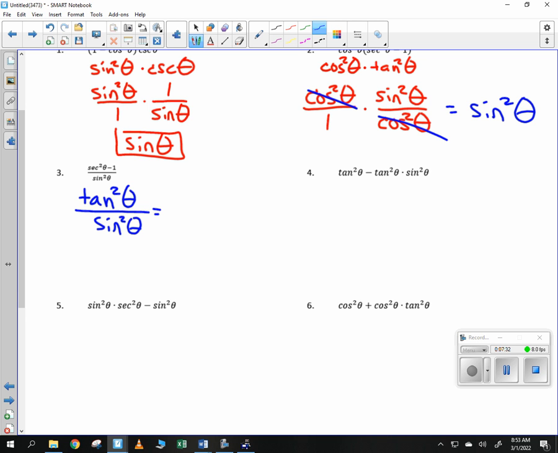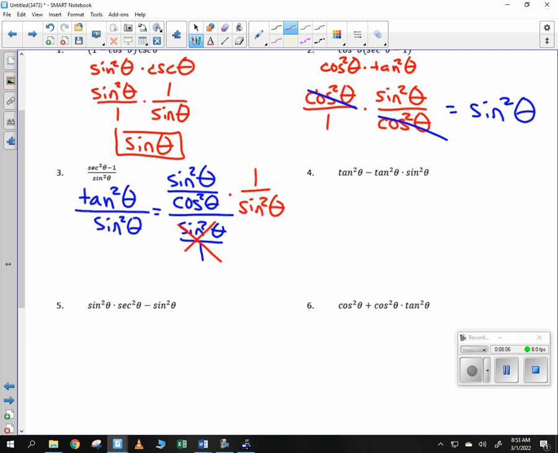Tangent squared can be rewritten as sine squared over cosine squared. And then how do I rewrite the bottom? Sine squared over 1. How do I divide fractions? By the reciprocal. So the reciprocal is going to be 1 over sine squared.